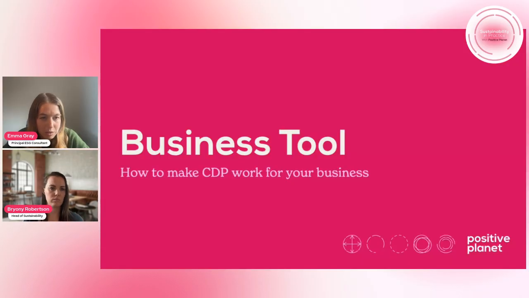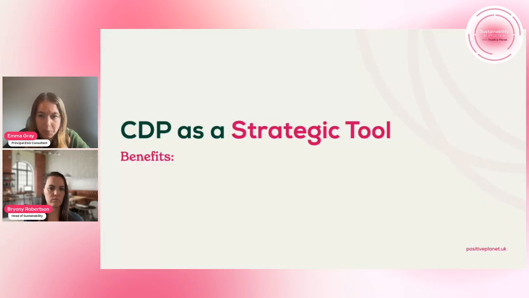And now how to use CDP, how to make it work for your business and view it more as a business tool. So in many cases, you will have to report to CDP because you are being requested to do so, but it can also be a really strategic tool for your organization. So clear and transparent disclosure ultimately leads to stronger customer relationships. You're answering their requests in a timely manner, improving your score, makes you look like a more desirable supplier.